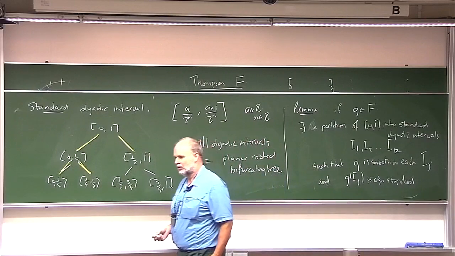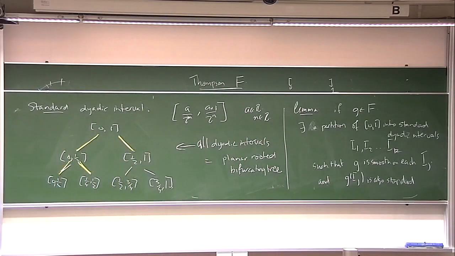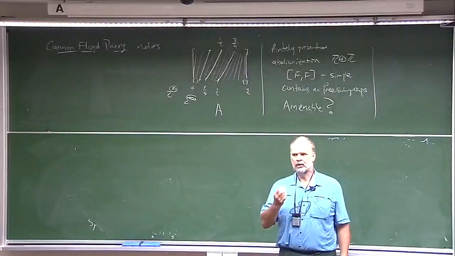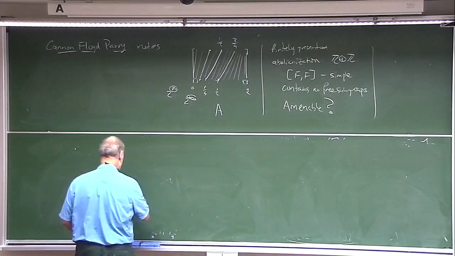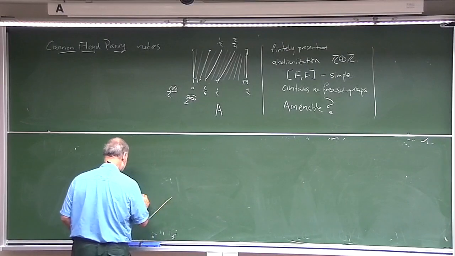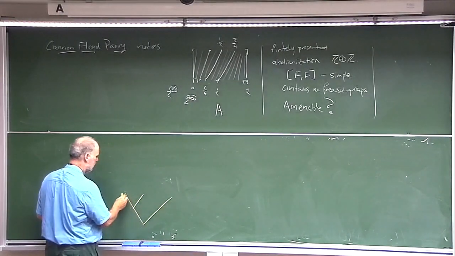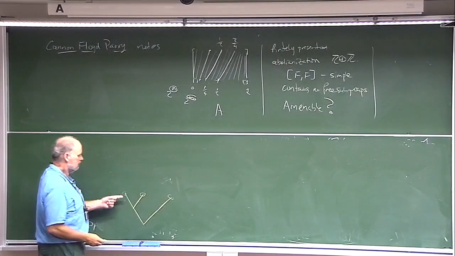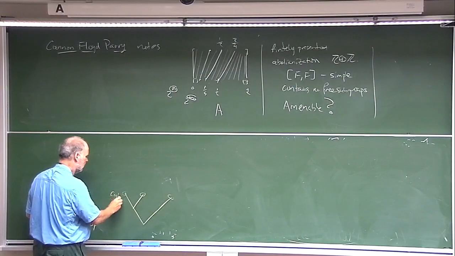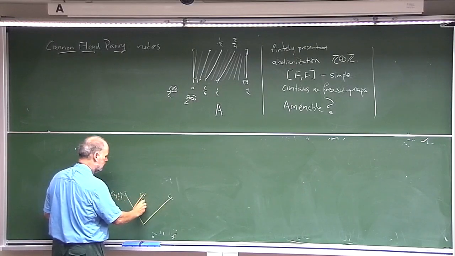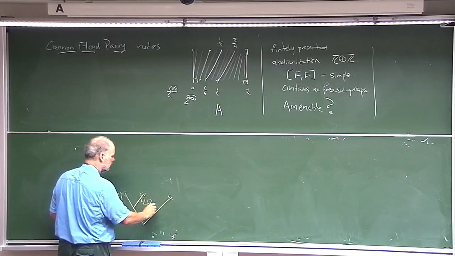So given a Thompson group element, we know that there exists a subtree of this big tree such that the slope is constant on each of these intervals. So remember, I'm thinking of this as being [0, 1/4], this being [1/4, 1/2], and this being [1/2, 1].